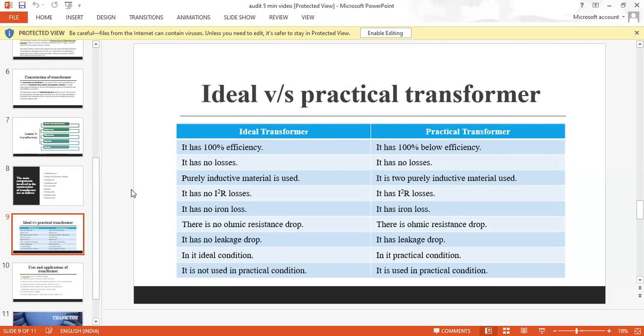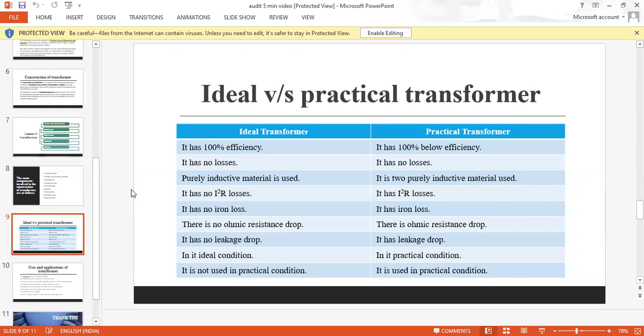It is a purely inductive material. It has no I square R losses, which is nothing but the power losses. It has no iron loss. There is no ohmic resistance drop. It has no leakage drop. It is an ideal condition and is not used in practical conditions. These points were regarding the ideal transformer.